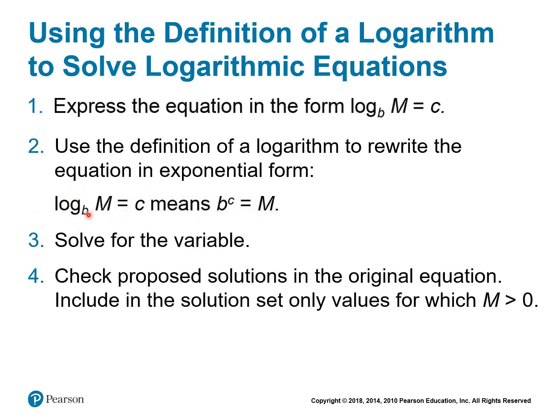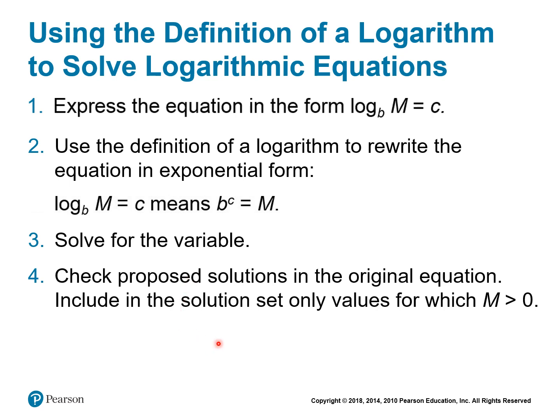We have to convert log base b of m equal to c and write it in exponential form by making the base of the logarithm the base of the exponent, making the c on the other side the exponent of b, then the equal sign followed by m on the right hand side of the exponential equation. Once we get it in exponential form, we just solve for the variable.